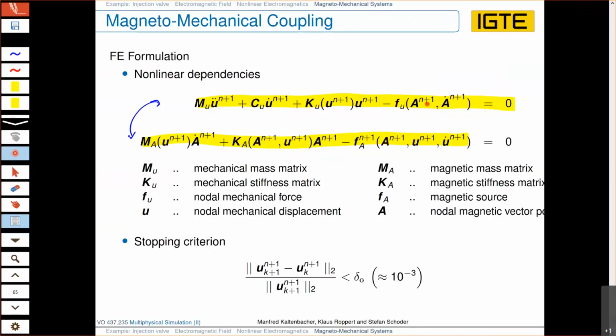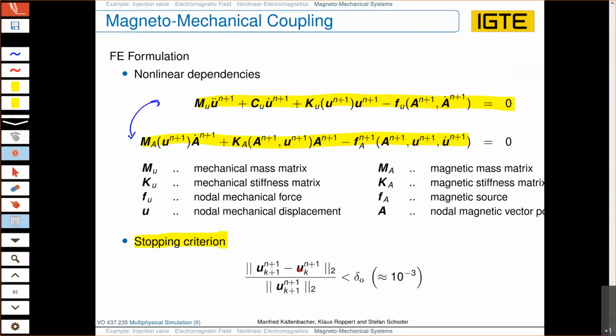Knowing the magnetic forces, we can then solve this equation for the mechanical displacement U. And that we have to do iteratively between the two equation systems. As a stopping criterion, clearly can be used the change of the mechanical displacement at the current time step we compute, n+1, between iteration k and iteration k+1. So this is the outer coupling loop which couples the two partial differential equations.